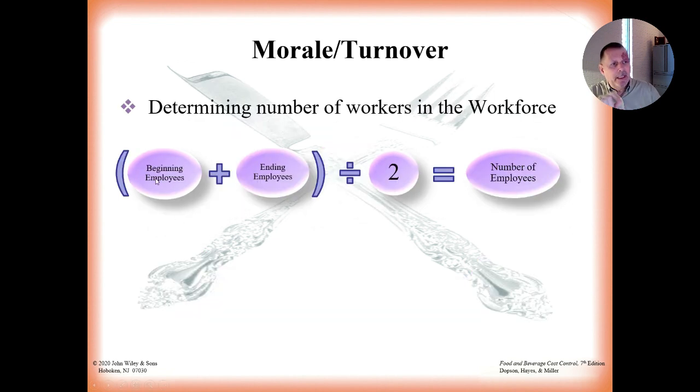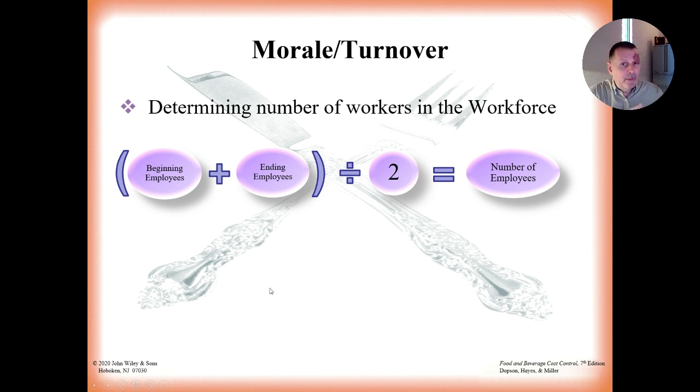So what we're going to do is take the beginning employees for this period, the month, plus the ending employees, divided by 2, because we're getting an average, right? Number plus number, 2 numbers, divided by 2, because there's 2 numbers, equals the number of employees.